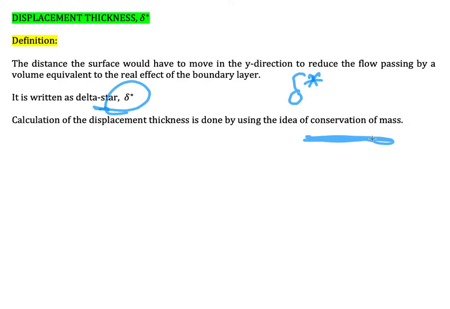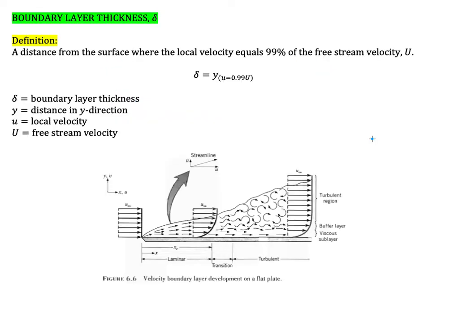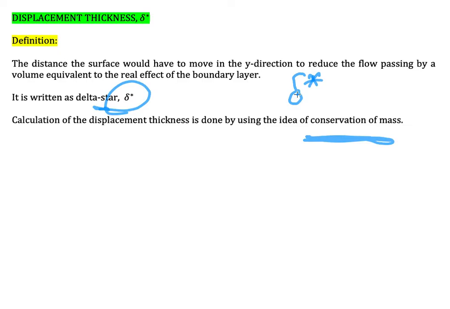As I said previously, we have a boundary layer thickness, but the equation cannot give us a value for delta. So we need to create another equation to help us calculate the value of boundary layer thickness. Before we create our equation, we must make sure that the conservation of mass is conserved. This is the idea of physics.